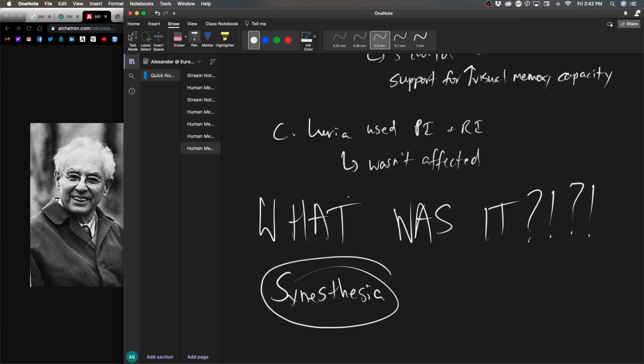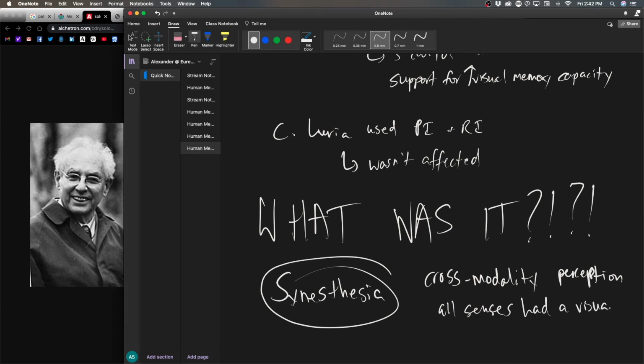And so this is cross-modality perception. In S's case, all senses had a visual component.